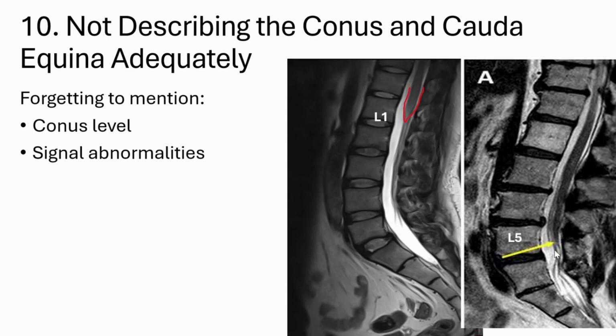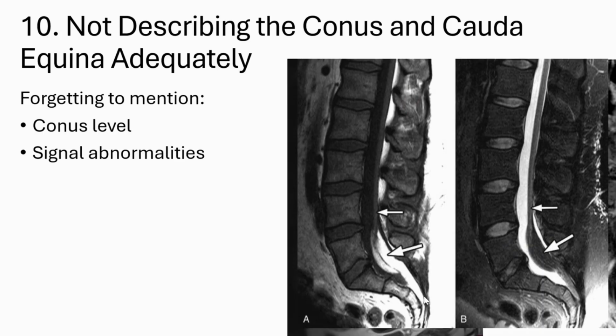Whereas in the second image, the conus medullaris is ending at the L5 level, so it is below its normal level. This is due to the tethered cord. In this image, we can see the T1 high signal intensity within the cauda equina, whereas it is suppressed in the fat-suppressed image. So this is due to lipoma or fat infiltration.